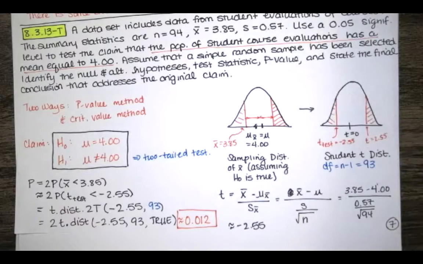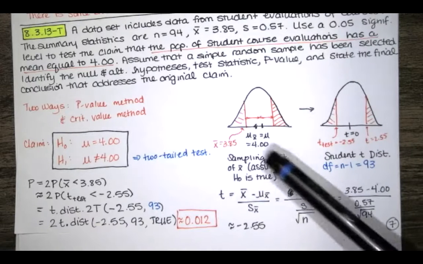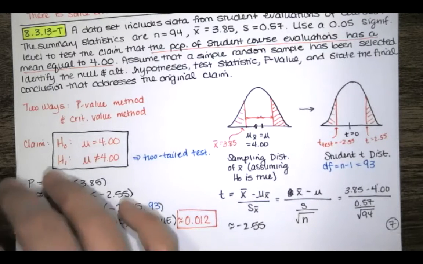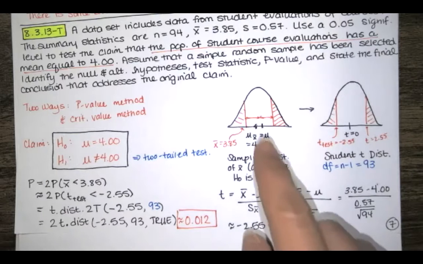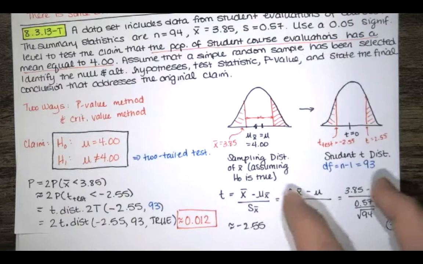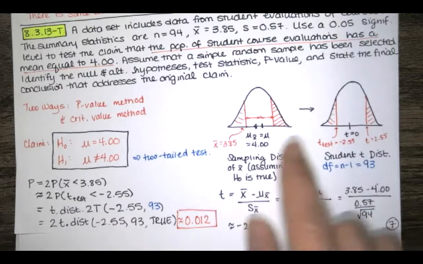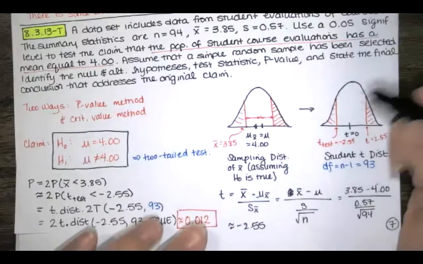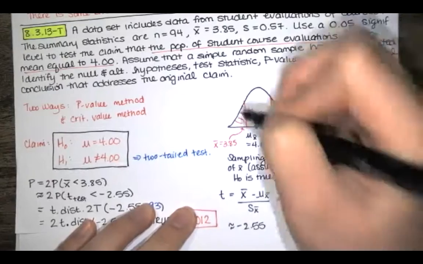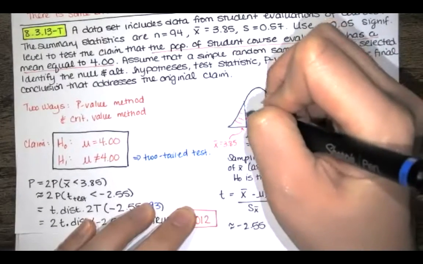Then it's a good idea to draw that sampling distribution of X bar and think about how that corresponds to the student t distribution. Then we found the test statistic. And this computation got us the test statistic, the t-score that corresponds to this X bar from our sample.